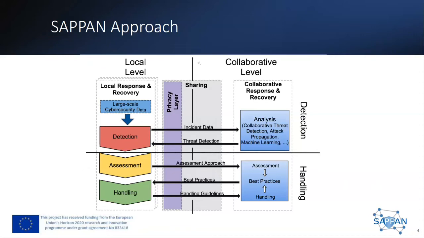On the other hand, it could be improved by sharing different data, different detection modules, or playbooks, for example, and this could be done in a privacy preserving manner. Also we look at incident handling, such as assessment and response actions, such as playbooks. So one is the local level, and one is the federated, collaborative level. And privacy issues are taken care of while sharing the data.